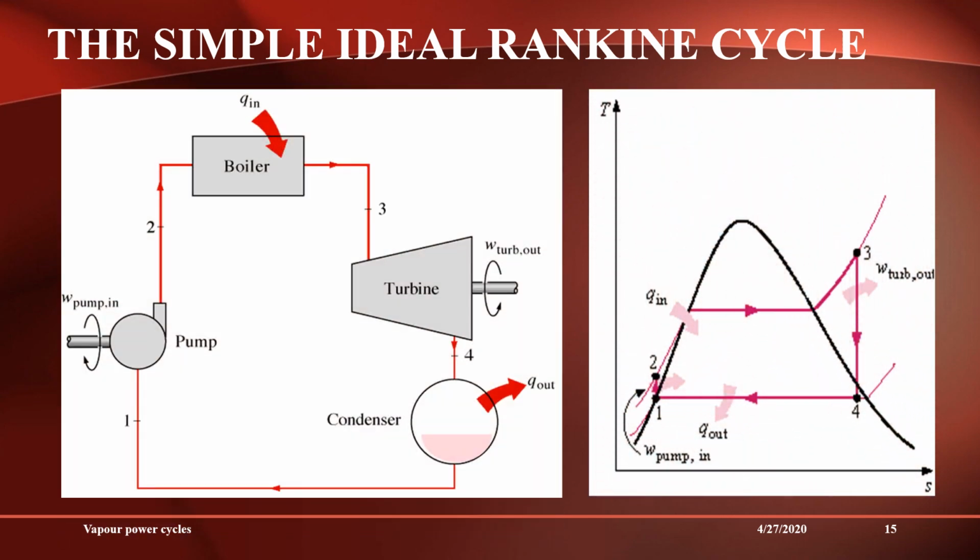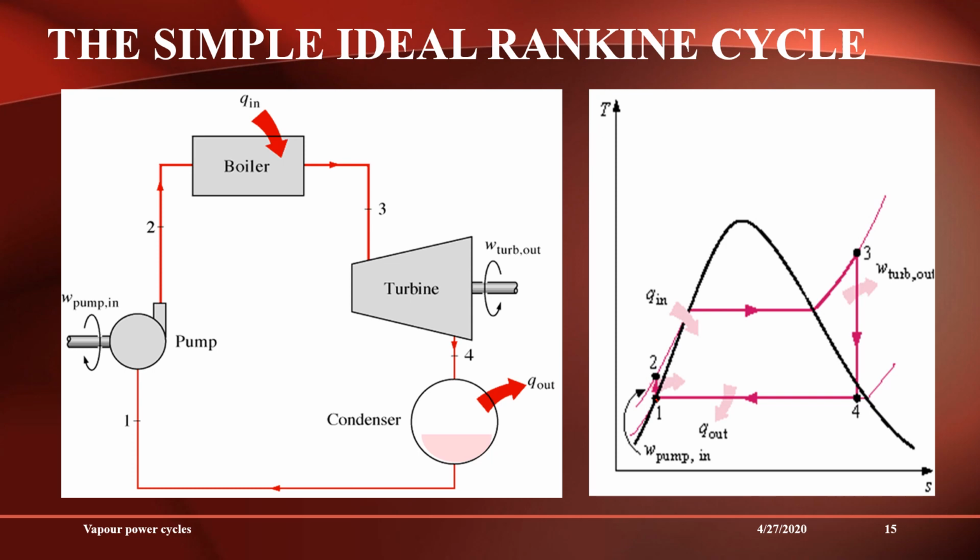So here H1. If you know the pressure value, this is a pressure line, the pressure line for the condenser pressure. For that pressure, what is the saturated point? This pressure line will meet the saturated liquid line. So here you will get the enthalpy values.